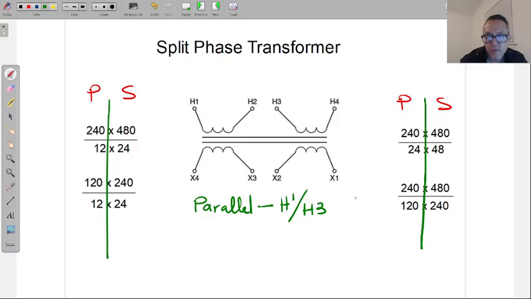And the same goes for X as well, right? So we can just say it like this. When we're connecting in parallel, we're connecting the 1 to the 3, and we're connecting the 2 to the 4.